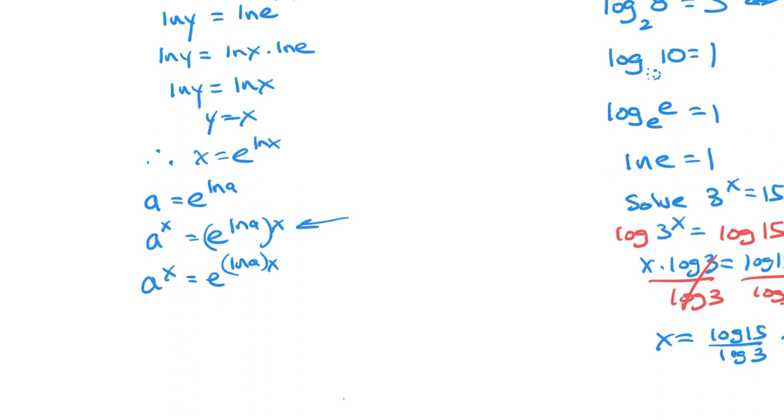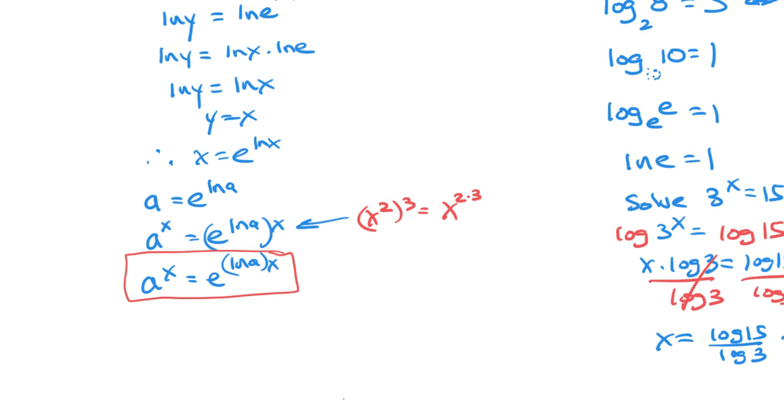Right, because remember in algebra class, we'd have something like x squared cubed, and we'd say, oh, we can multiply those. That's just x to the 2 times 3. So that's what we're doing to get from here to here. If I have this thing raised to the x, it's just the same as the base raised to natural log of a times x, just from this rule right here. Okay, so we need this.